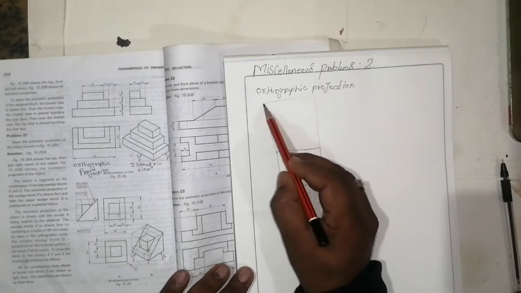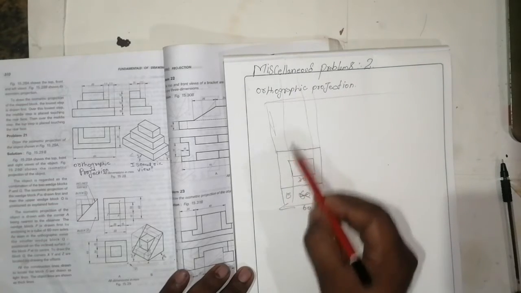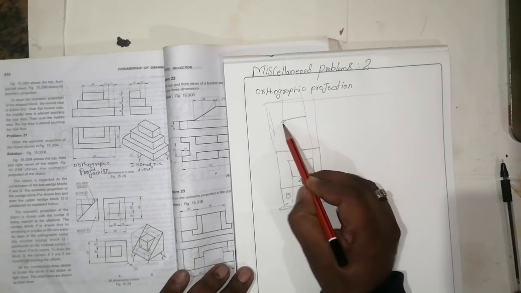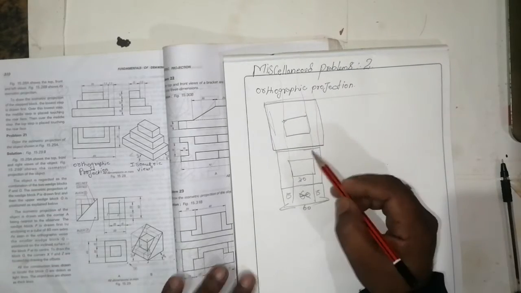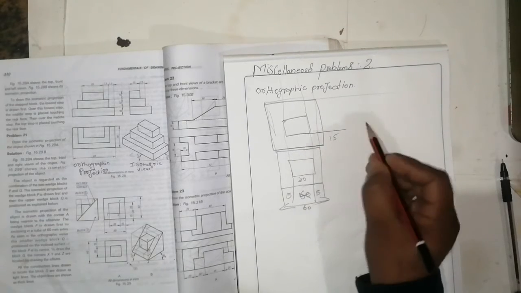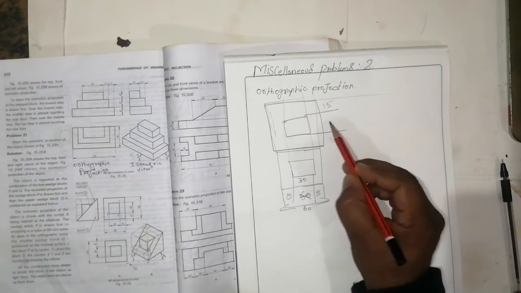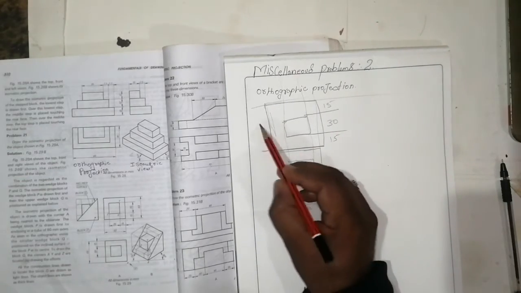Take the position line, how it is going. See, the box will come like this. So this will be 15, this will be 15, then 30. So here also 60.